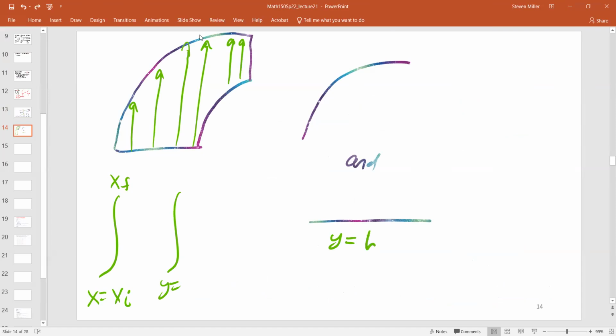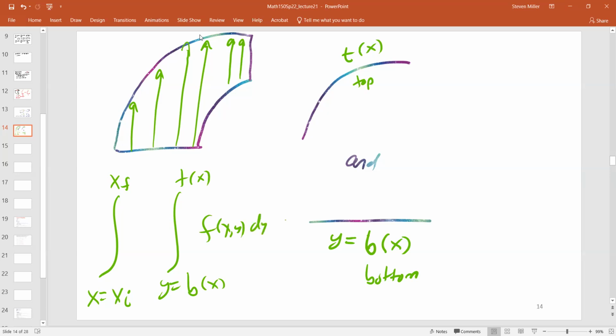So let's do b of x for bottom and t of x for top. So I'm going to go from my bottom value to my top value, and then have my function f of x, y, dy, dx. I think this is maybe better notation to use, bottom and top. Try to just really highlight what we're doing.